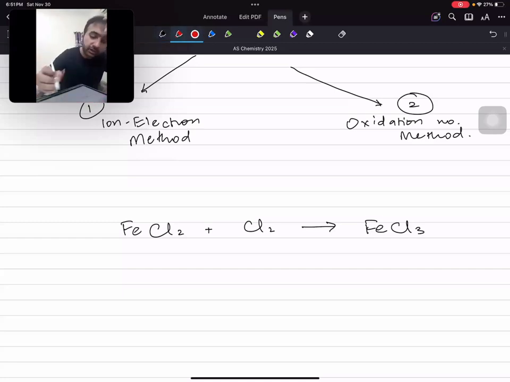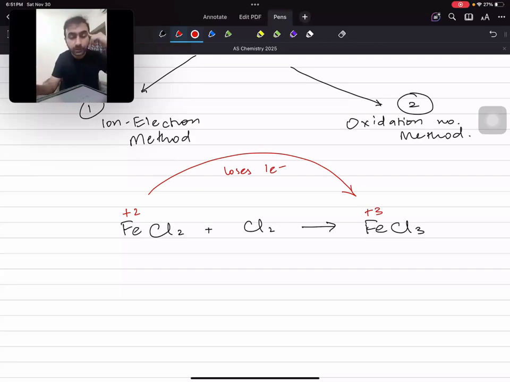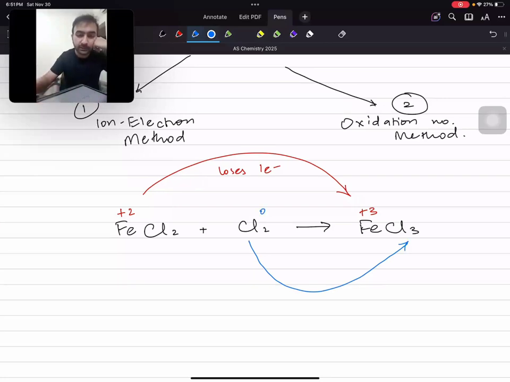The oxidation number of iron is +2 on the left-hand side. It is +3 on the right-hand side when it becomes iron 3 chloride. So iron is changing from +2 to +3, which means it loses 1 electron. Chlorine is changing from 0 oxidation state, because it was an element in the beginning, and now as a compound it has to be -1.